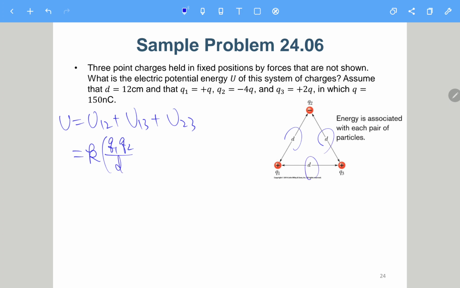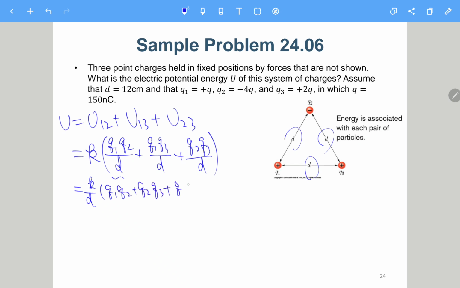So this is k Q1 Q2 over d, plus U13, which is k Q1 Q3 over d, plus U23, which is k Q2 Q3 over d. That's easy. All the d are common factors, so we can have k over d times (Q1 Q2 plus Q2 Q3 plus Q3 Q1). Let's write it as Q1 Q3 and Q2 Q3, like this.